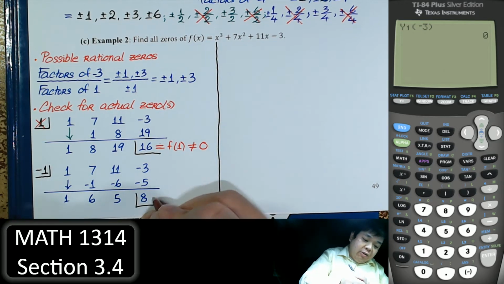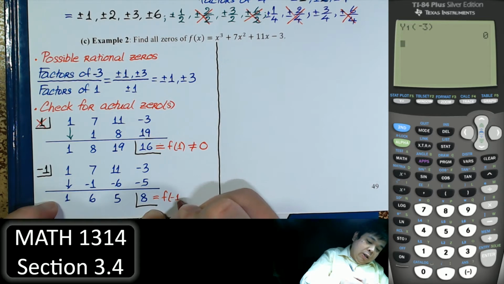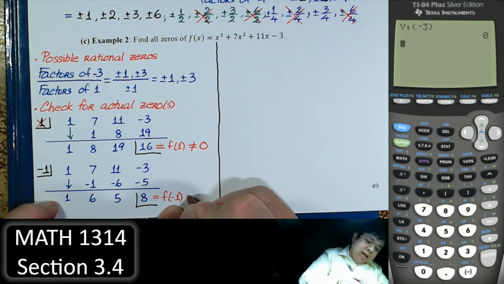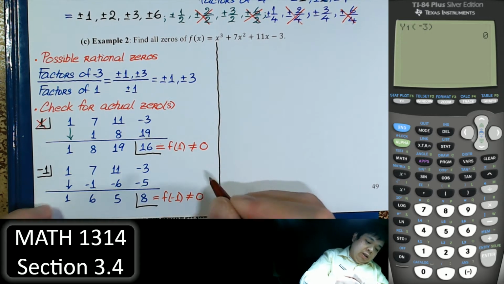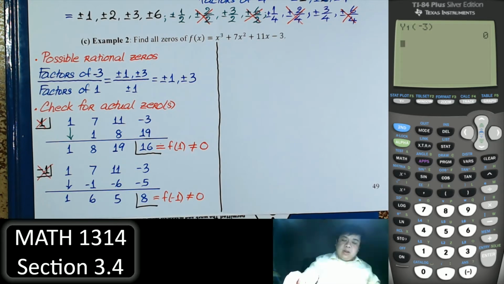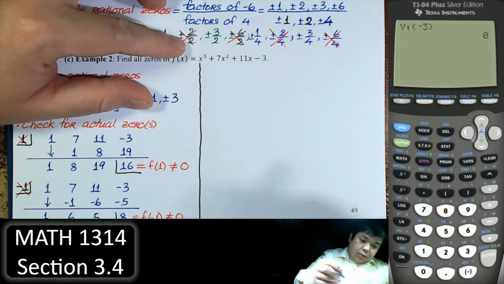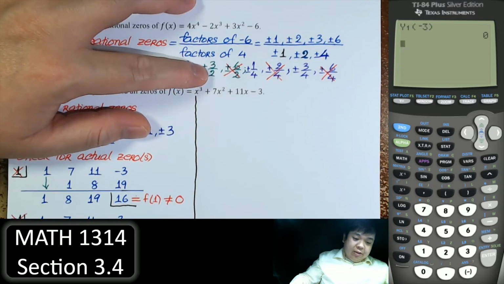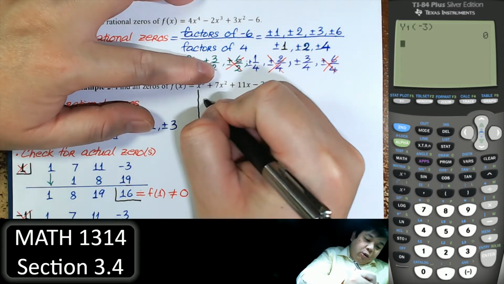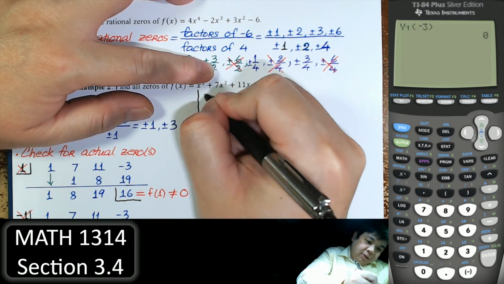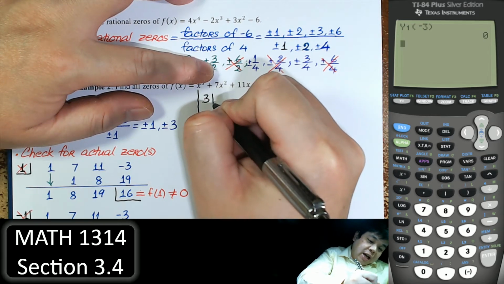And that is the value of the function at -1. That is not equal to 0 though. So that's still not a zero. And we're going to go for 3, and then -3, until we find one that works. Like I said, here we assume that we don't know that.